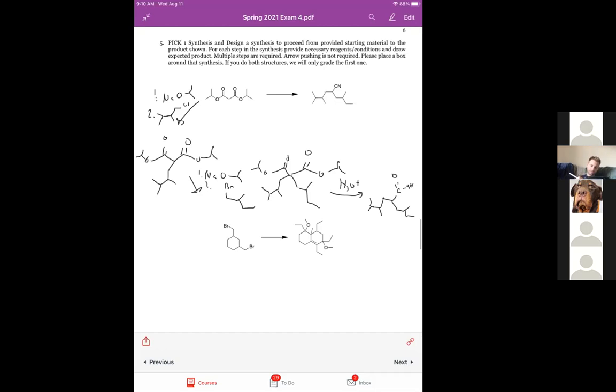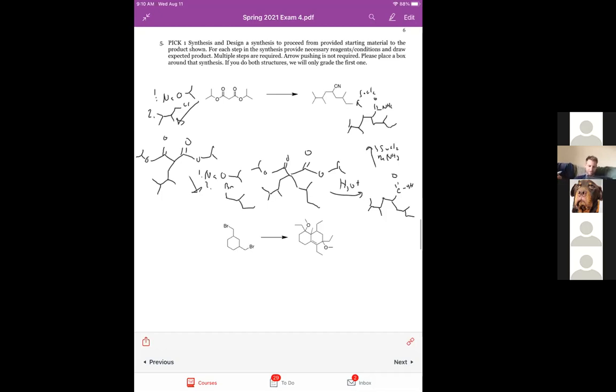And then from carboxylic acid to a nitrile, we need SOCl2, ammonia, that gives us an amide. And then SOCl2 again. Goes to our final product.